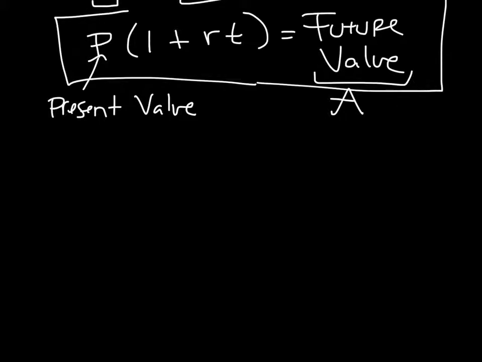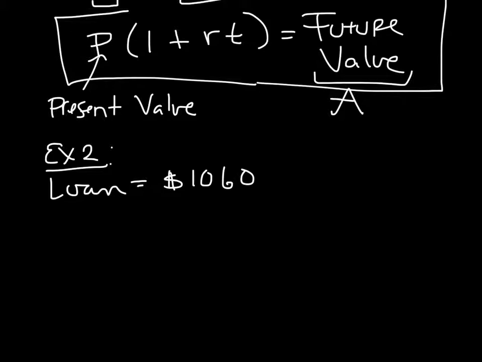Let's call this example 2. Let's say you're going to take out a loan for $1,060, and in order to borrow this loan, the rate is going to be 6.5%.